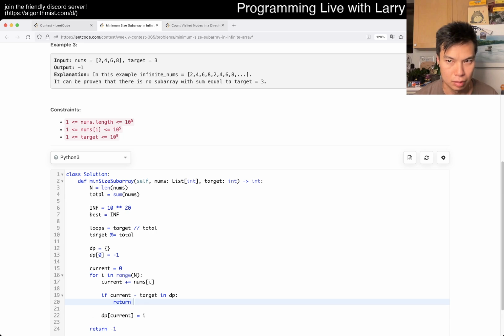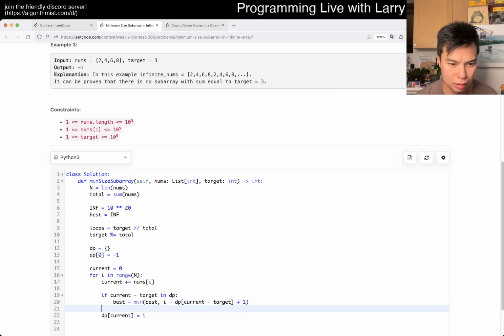Return. Oh, that's not true. We want DP of current minus target. Maybe plus 1. Yeah.